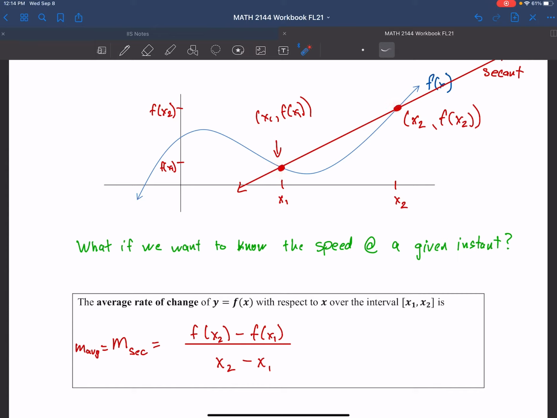Well, when we're trying to talk about the instantaneous rate of change, and let me underline instant right here, we're going to change how we're looking at these variables. We're going to use a letter h, and h represents the distance between x1 and x2.